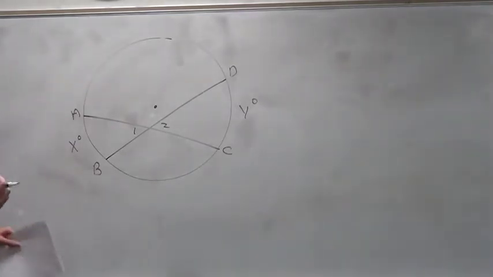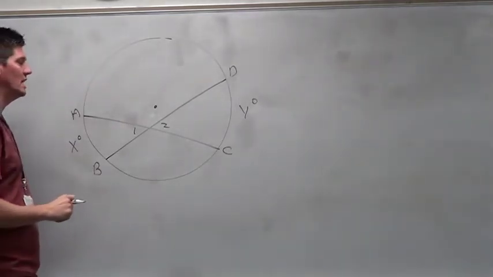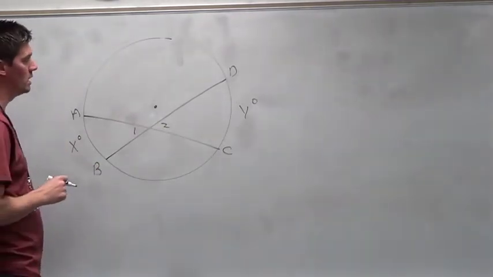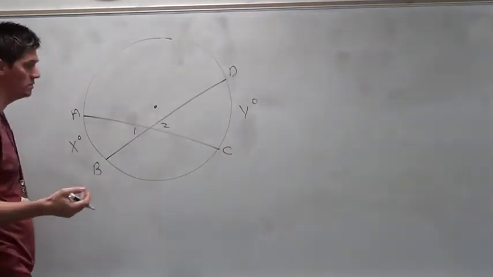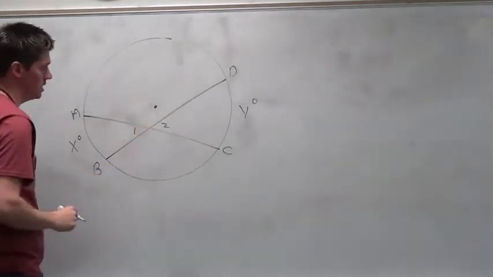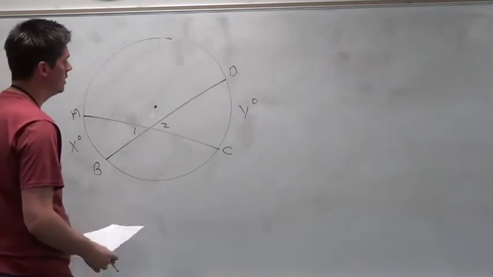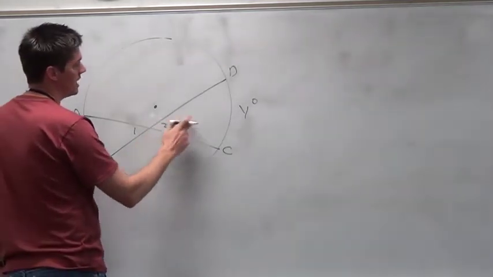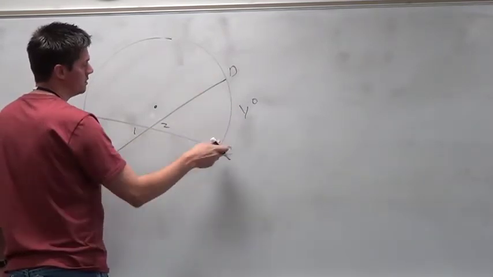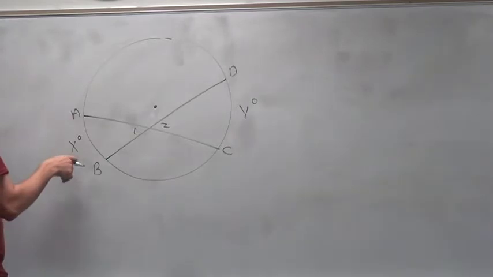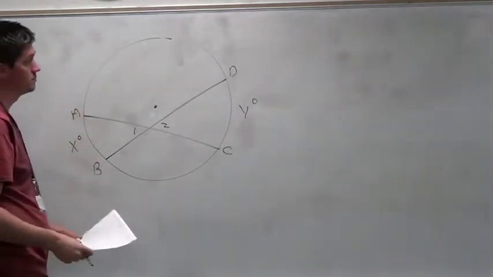Once again, what is the measure of angle 1? Well, if we remember, anytime two lines intersect each other, they form what we call vertical angles. So that means that these two angles are equal to each other. Also, if this is angle 2, we know that whatever angle 2 is, that's equal to this arc angle measurement, and angle 1 is equal to this arc angle measurement.